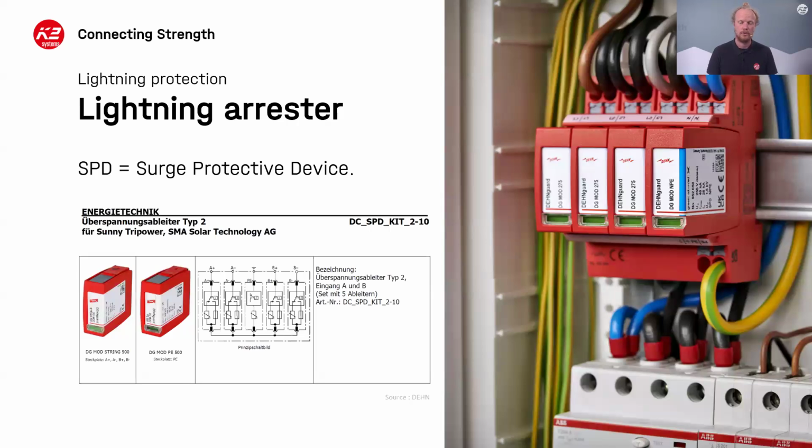We also then have the type 2, which works the other way. If there is a voltage level difference, then it acts on that. However, it cannot discharge so much of the lightning currents. And then you can get some that are combined. And if you have multiple strings up on the roof, all of these will need their own SPD as well.